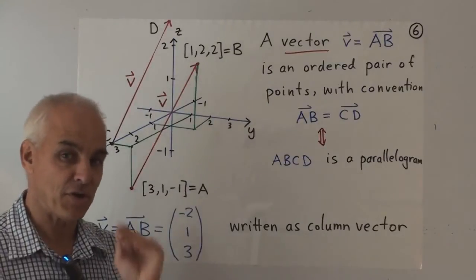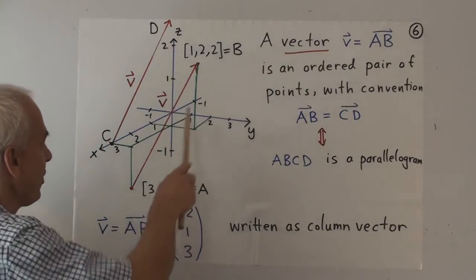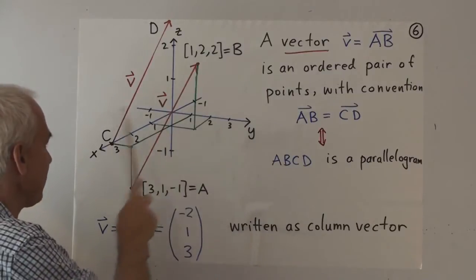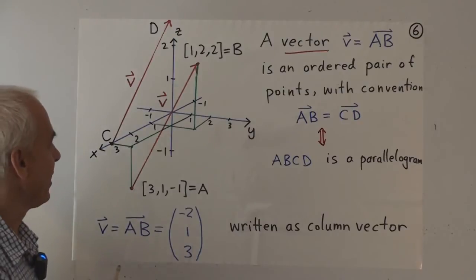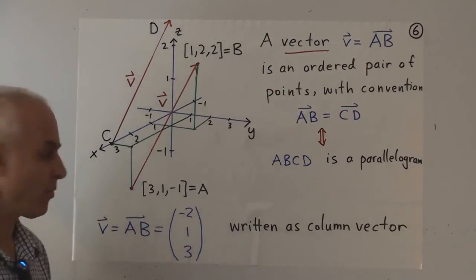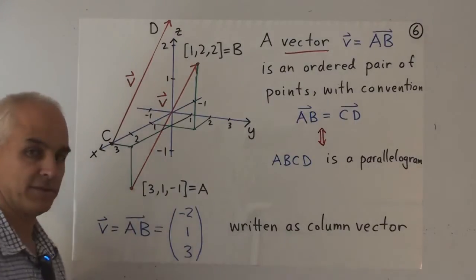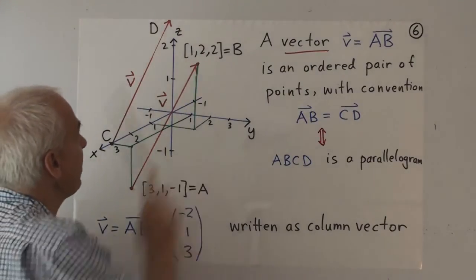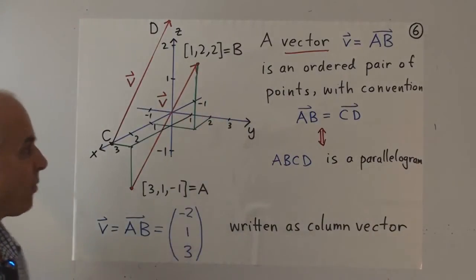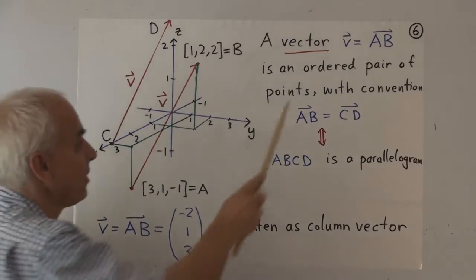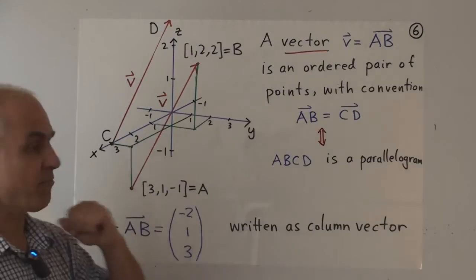So now let's introduce the notion of a vector into our system. Here are our coordinate axes: x in this direction, y in this direction, z in this direction. Here's a point A, with coordinates 3, 1, -1, so that's actually a point. And here's a point B with coordinates 1, 2, 2. That's another point. We say that the vector V, written AB, is just the ordered pair of points.